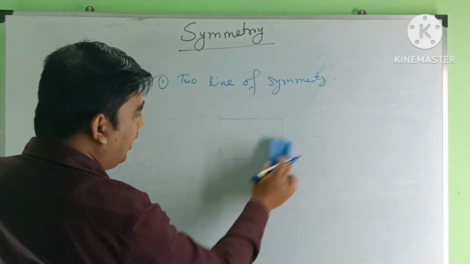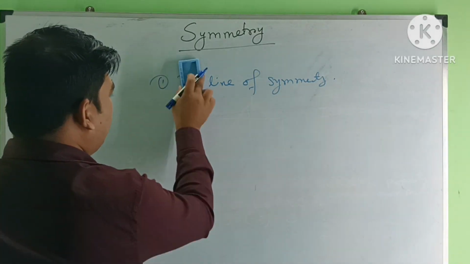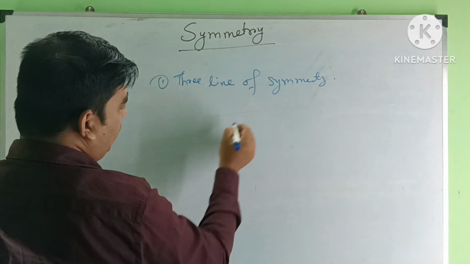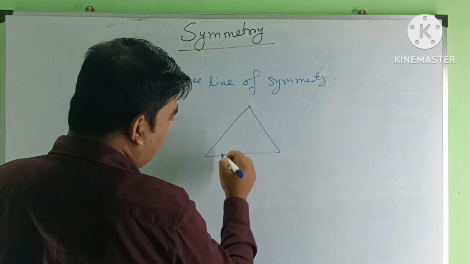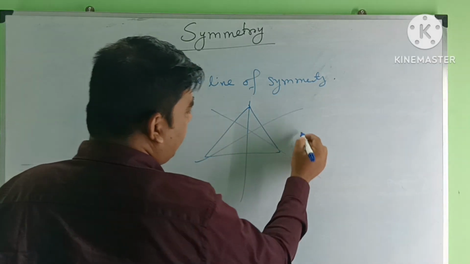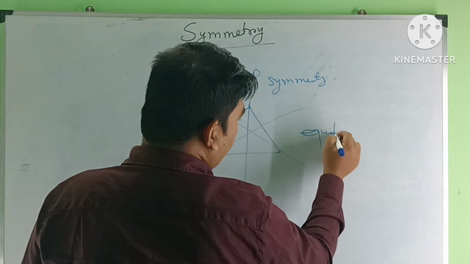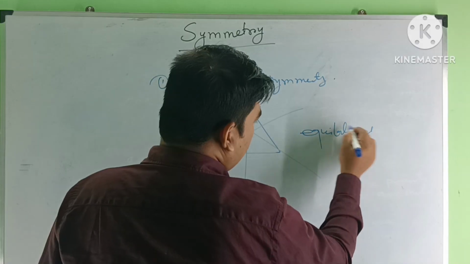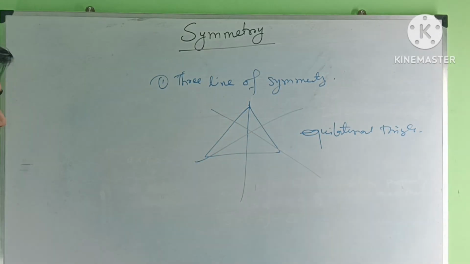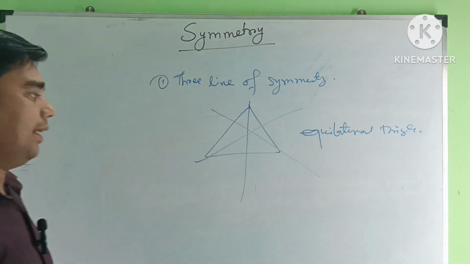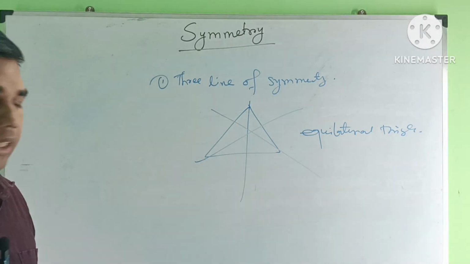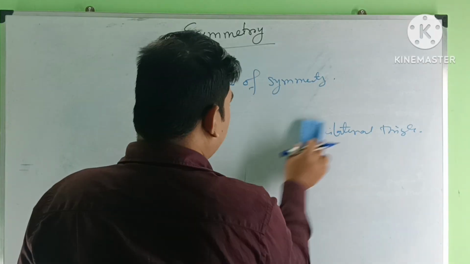If you consider three lines of symmetry, consider an equilateral triangle: one line, two lines, three lines. Equilateral triangle has three lines of symmetry. Next, suppose we discuss four lines of symmetry. How do you draw four lines of symmetry?